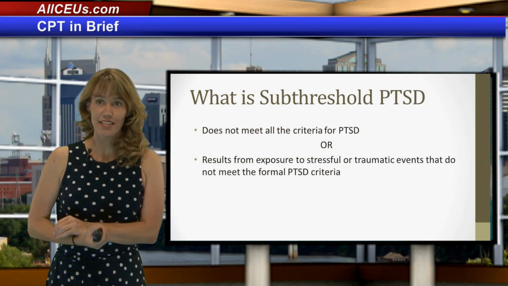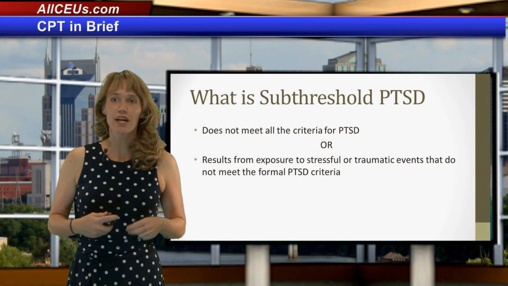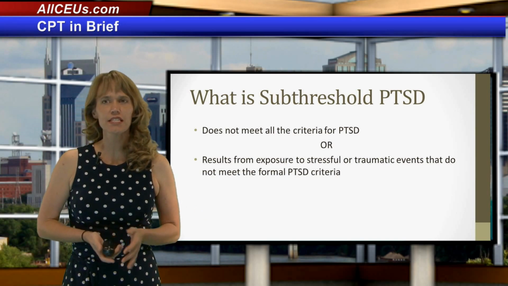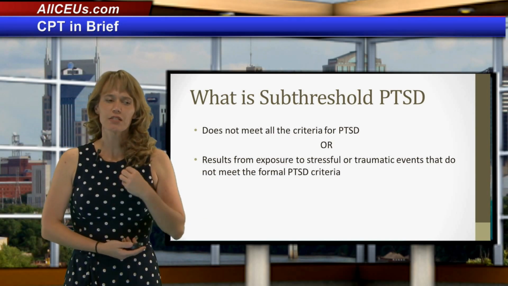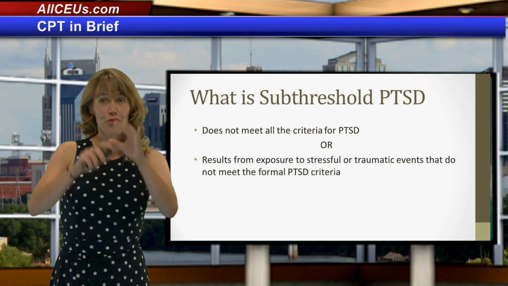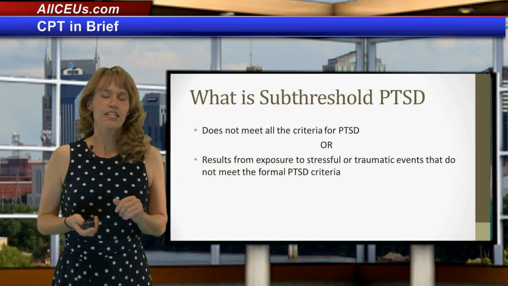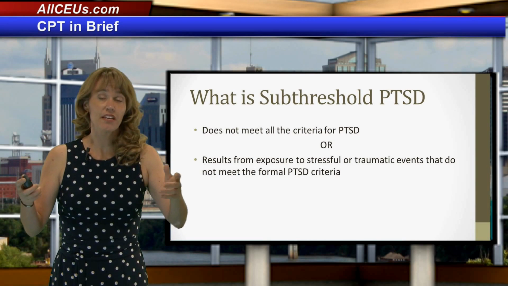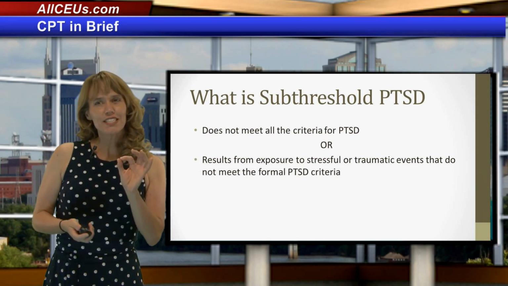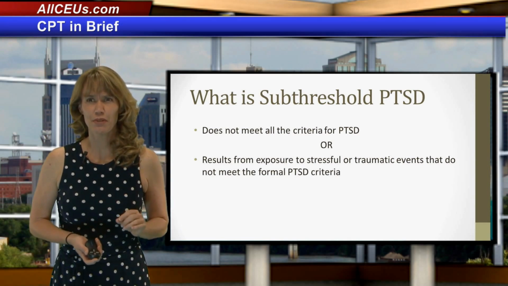Subthreshold PTSD, which is near and dear to my heart, because that's what I studied when I was in college, and I've continued to study throughout the years. This is when people are experiencing events that don't necessarily meet that threshold that you might think of for PTSD. They're not necessarily shot or maimed or whatever the case may be, or they don't necessarily fit all of the symptoms, but they have some of them.